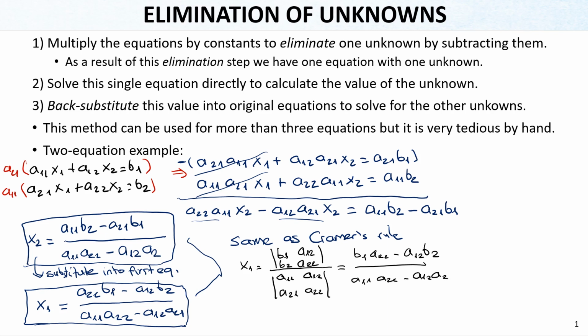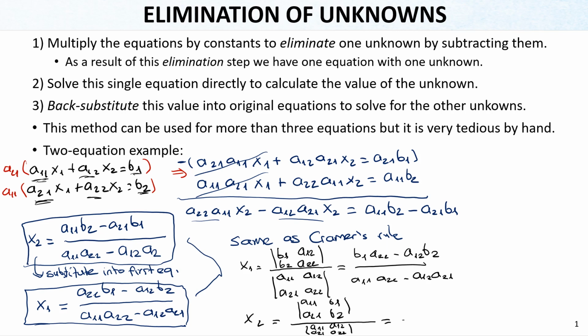divided by a11 a22 minus a12 a21. Similarly for x2, the determinants are a11 b1 a21 b2. You can see that for x2 we use these constants in the numerator, and for the denominator we use just these constants below: a11, a21, a12, a22.